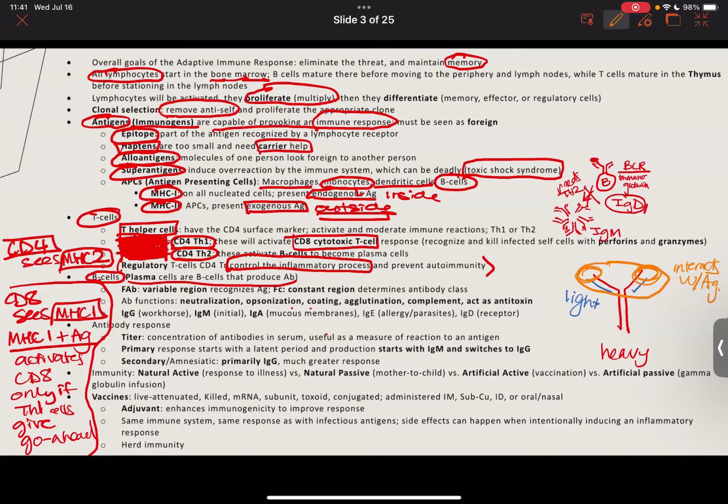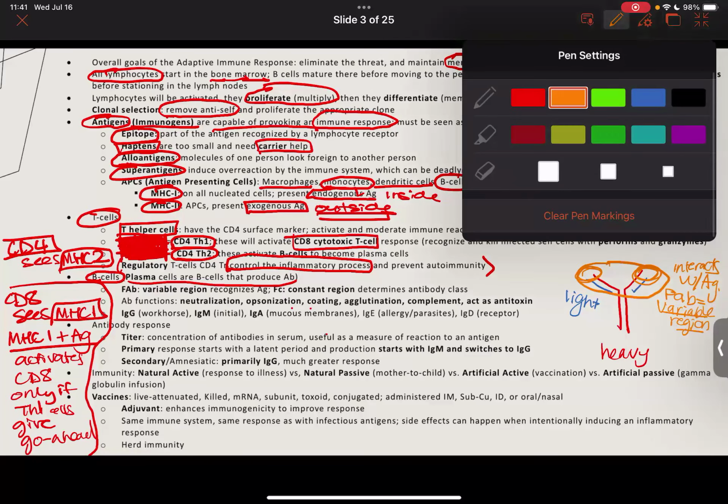This whole part up here that I have circled in the big orange circle, this is called the FAB, the FAB fragment, also known as the variable region. These are the interchangeable. All right.